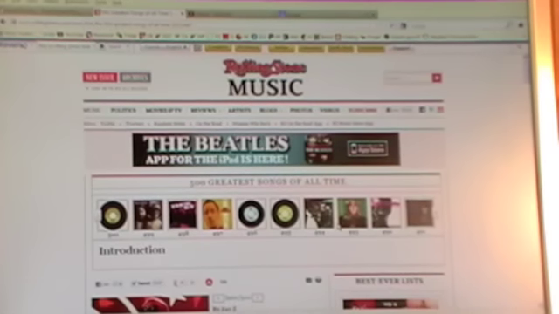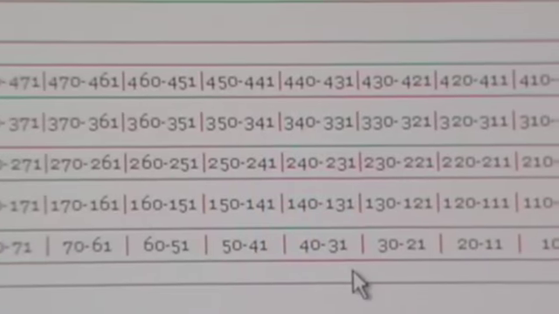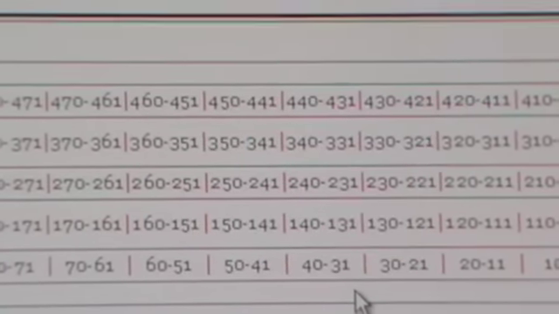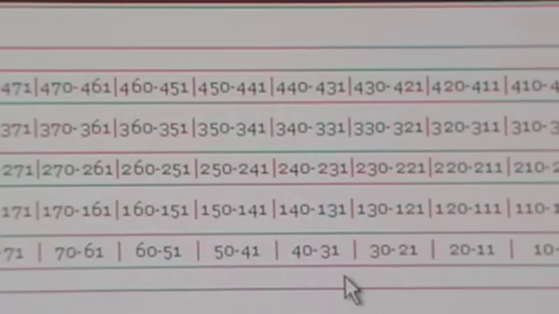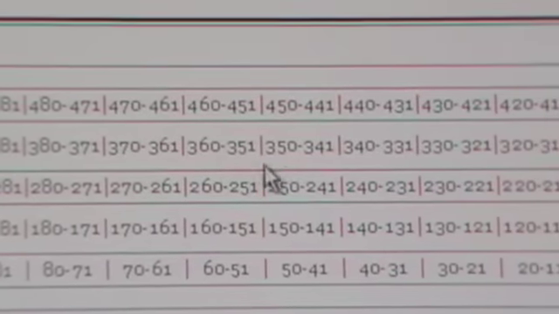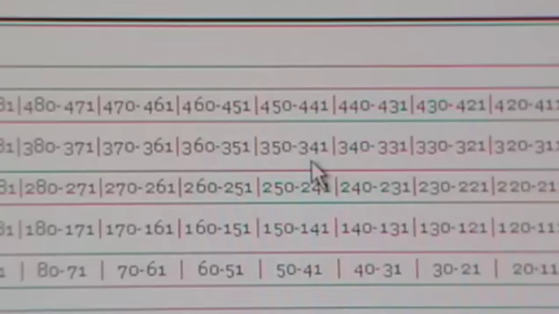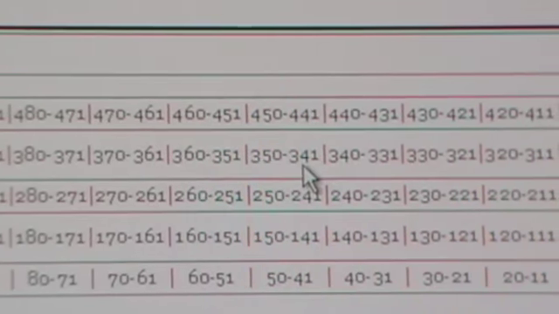So the best way to use this site is to scroll down a bit until you come to this block of ranges of numbers. This is slightly tricky to use because the ranges are actually backwards, down from 500 to 1. But we're looking for 346, which is going to be in this range here, 350 down to 341.